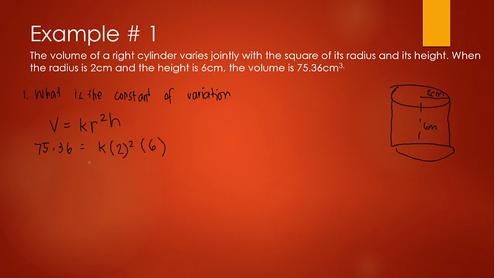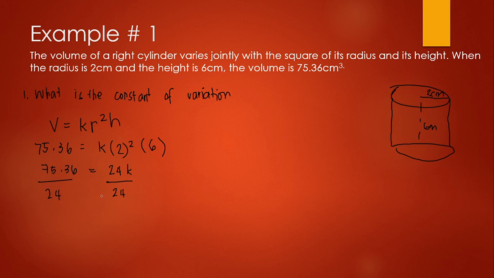After this, you're going to solve or simplify this equation. So you have 75.36 is equal to 2 squared, that is 4, times 6, that would be 24k. For you to obtain the value of k, you are going to divide both sides by 24.